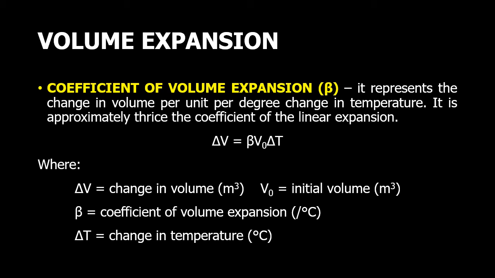So just like the previous expansion formulas, same format but different variables. Here, our V represents volume, and instead of alpha or gamma, we use the coefficient of volume expansion, which is beta, and it is approximately thrice the coefficient of the linear expansion.